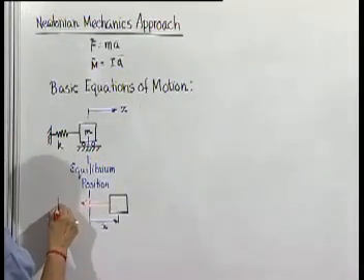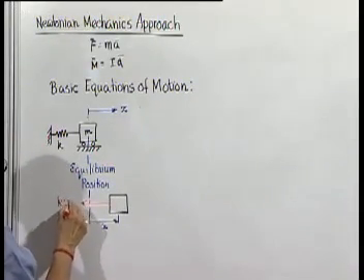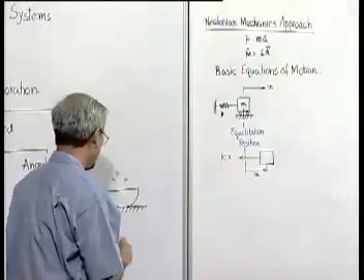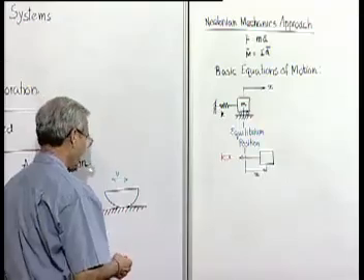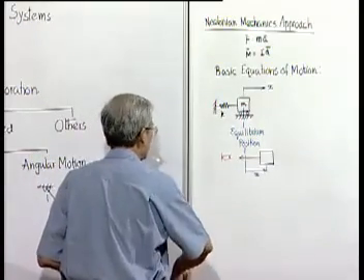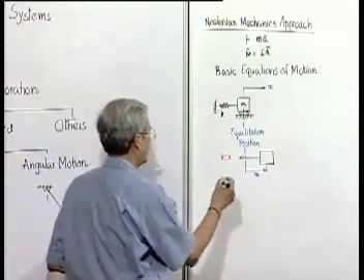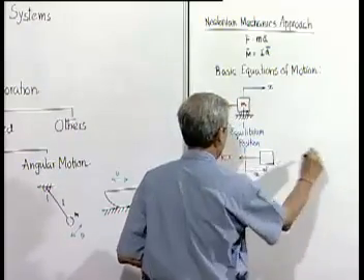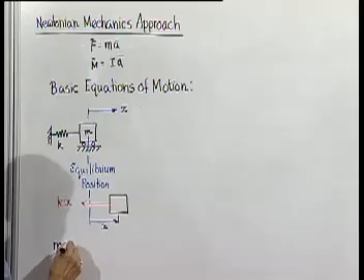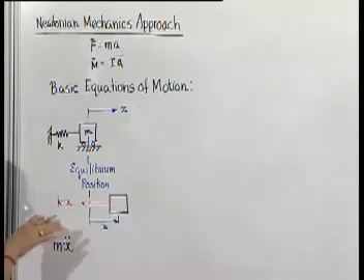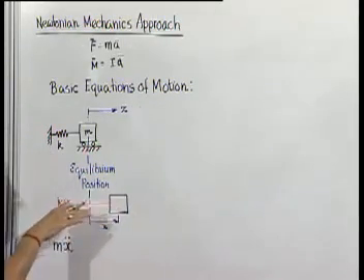And here the only horizontal force which is acting on the system is the spring force. The spring force is given by the stiffness into its elongation from its natural length, which is nothing but x. So, the acceleration algebraically is in this direction, and Newton's law says that mass into its acceleration must be equal to force in this direction.